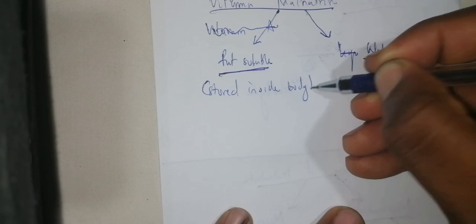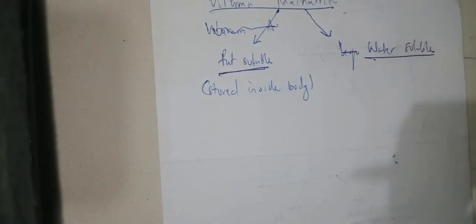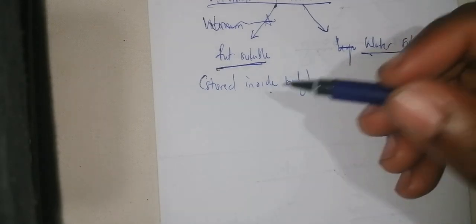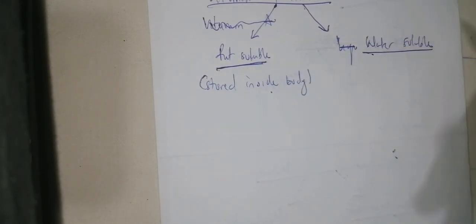So you don't need to take the fat soluble vitamins from the external environment every time, because most of them are stored inside the body. When they are stored inside the body, it's not always necessary to eat them every day. Is it clear? And they are the ones that are mostly involved with toxicity.